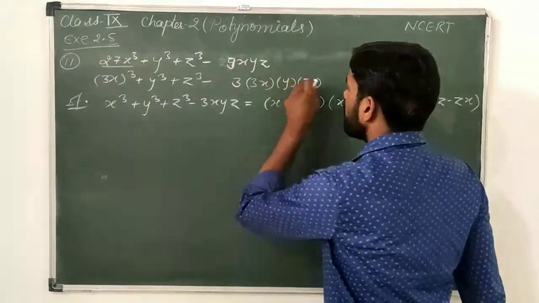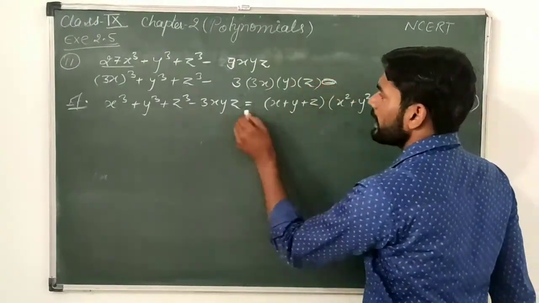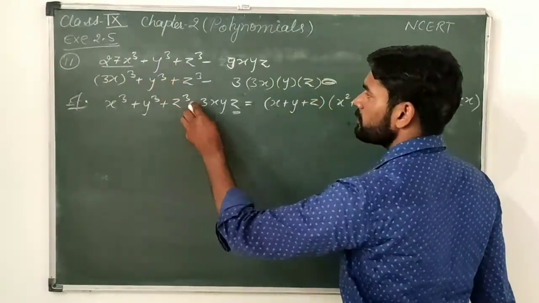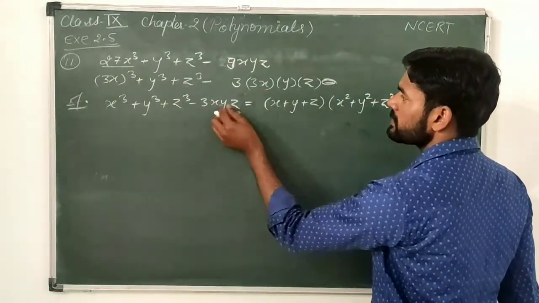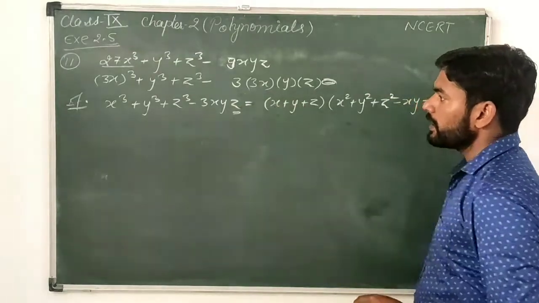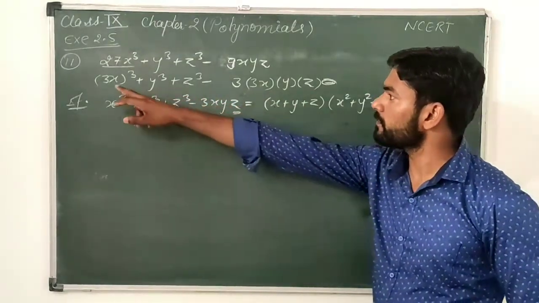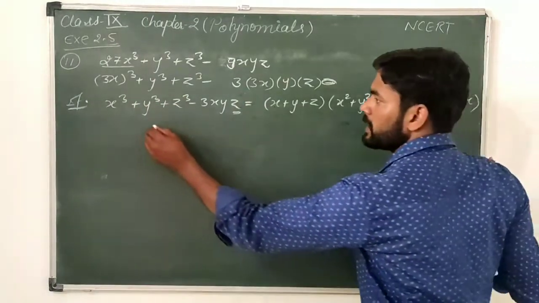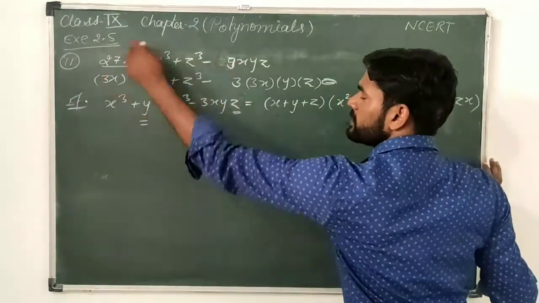Now this step and this step are both similar to each other: x cube, y cube, z cube minus 3xyz. Now apply the values of this one and this one in this section, and you will get the factors of this step.